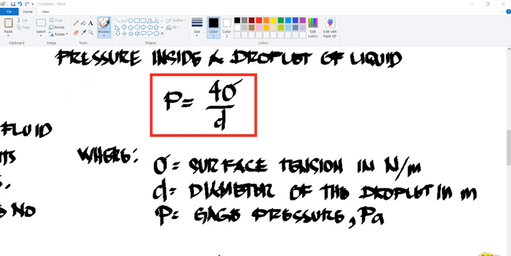Sigma is the surface tension in Newton per meter, D is the diameter of the droplet in meters, and P is the gauge pressure in Pascal.